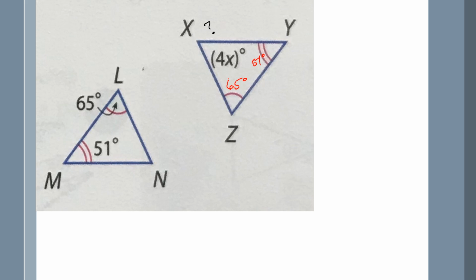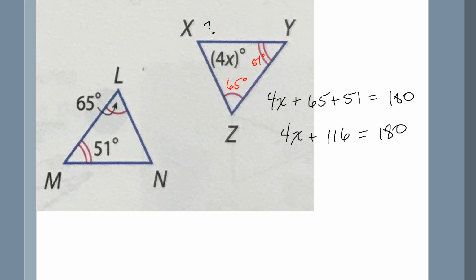So we could do this a couple of ways, but I think the easiest thing to do is just take this and make them add up. 4x plus 65 plus 51 all adds up to 180. So 4x, 65 plus 51 is 116, equals 180.